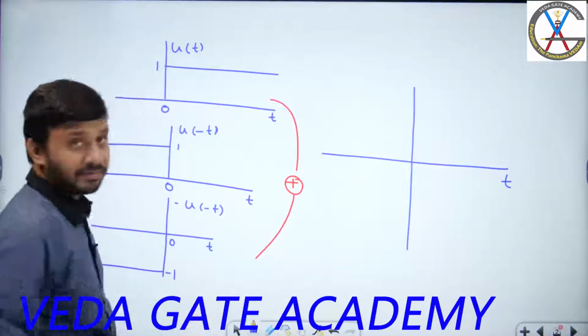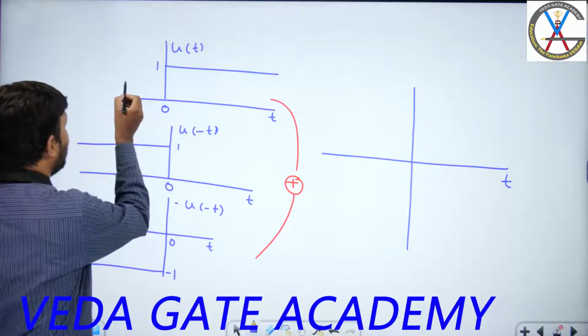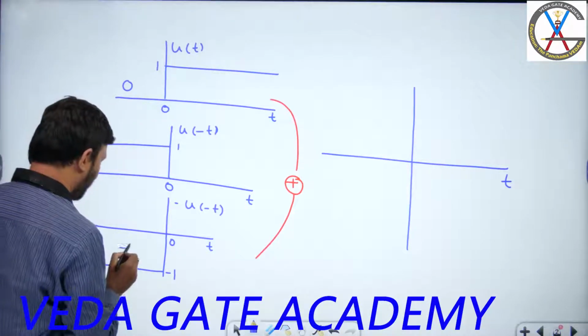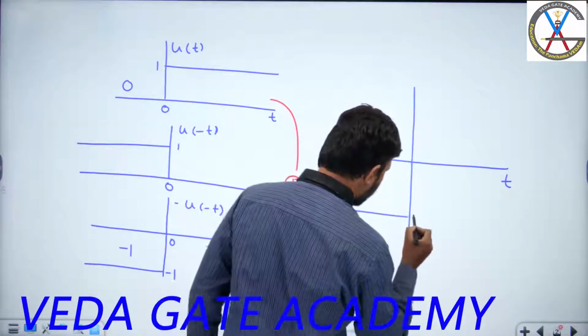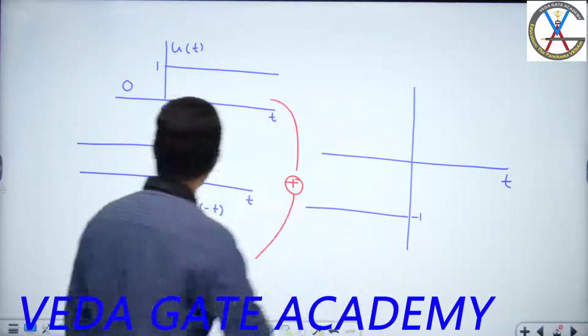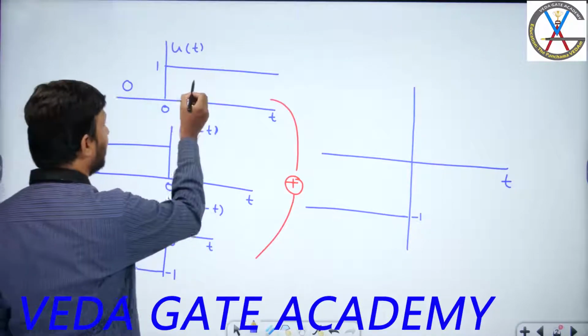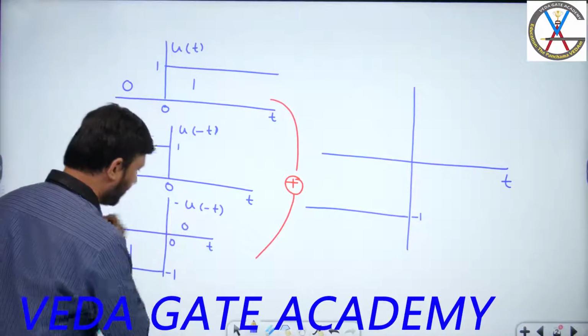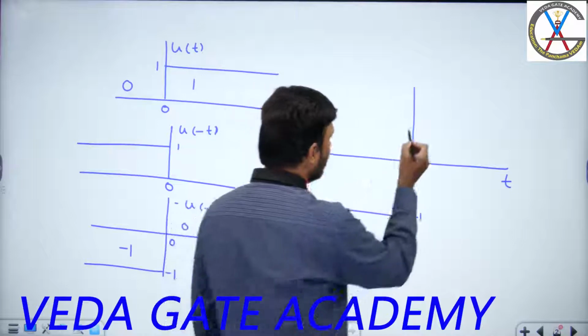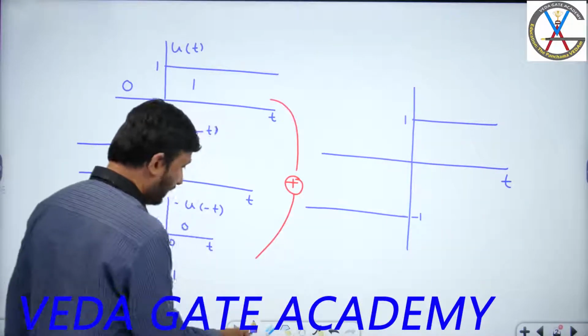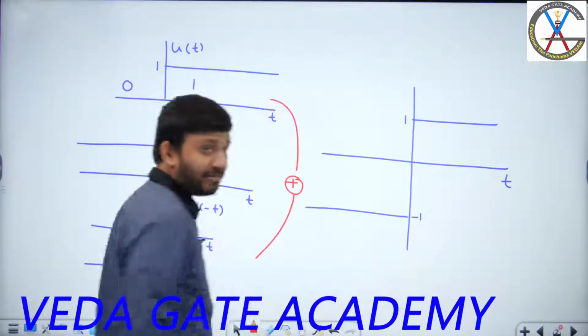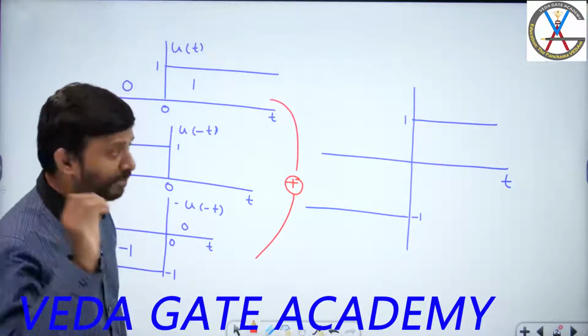For t less than 0, this value is 0, this value is minus 1. 0 plus minus 1, minus 1. For t greater than 0, this value is 1, this value is 0. 1 plus 0 is 1. So this is the resulting signal, which we call the Signum function.